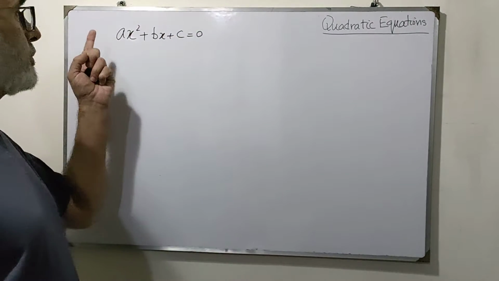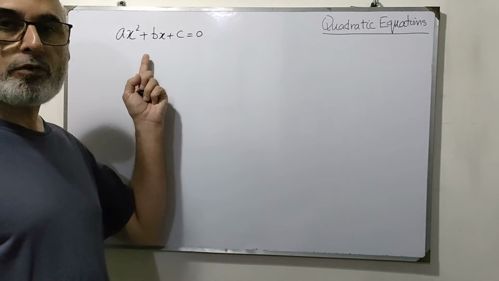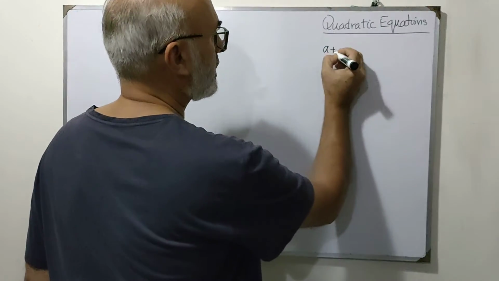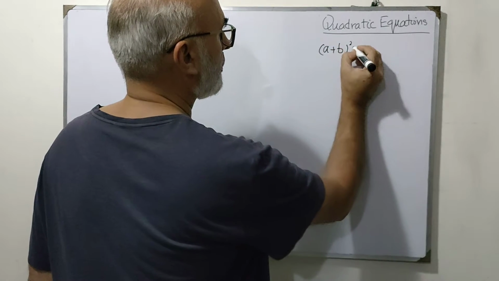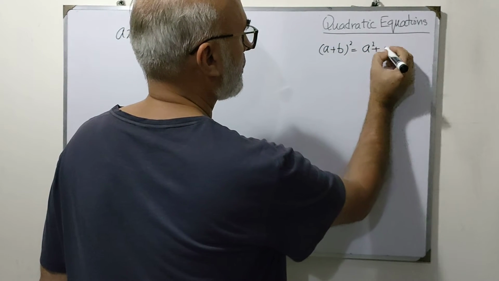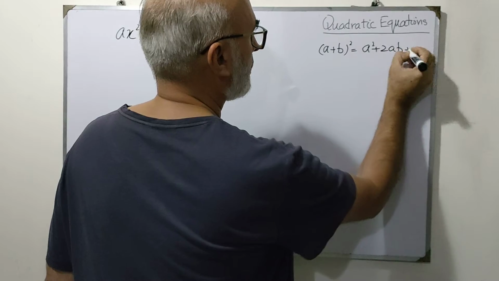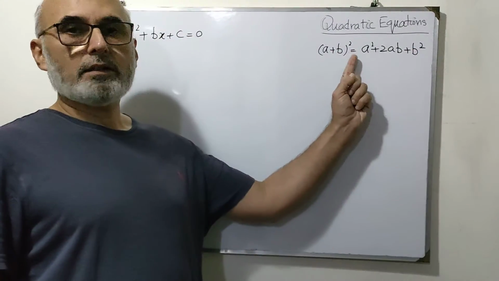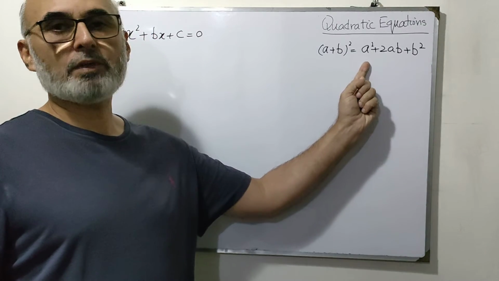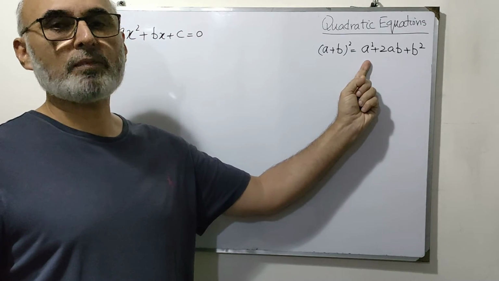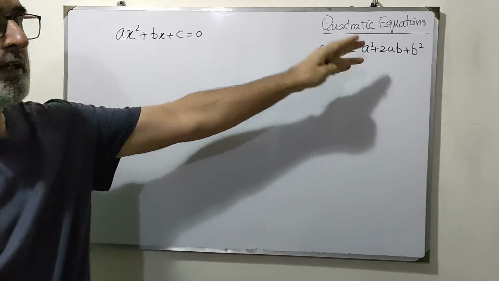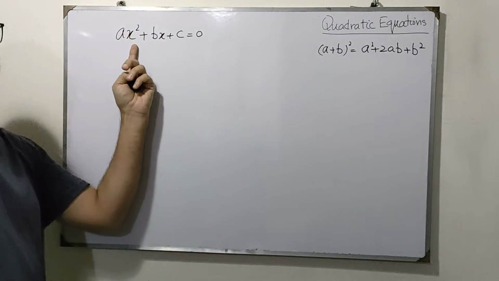Now, to derive the quadratic formula from this general form, I'm going to use this identity. If we look at this identity, the first thing we have is a square. So I need a square. In here we have a, and instead of a we have x here.